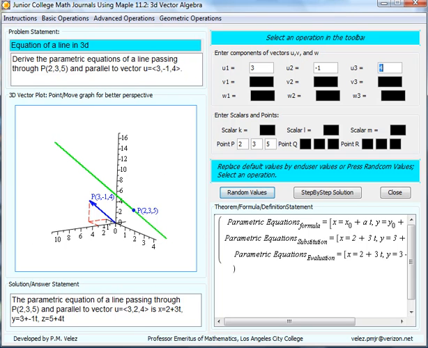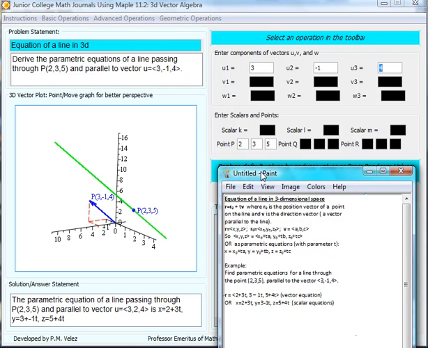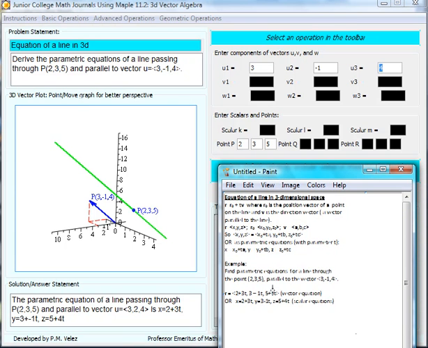Now if we want the equations of that, we can do either a vector equation or we can do scalar equations. Either way, all we're doing is taking the x component of the point plus t times the x component of the direction vector.